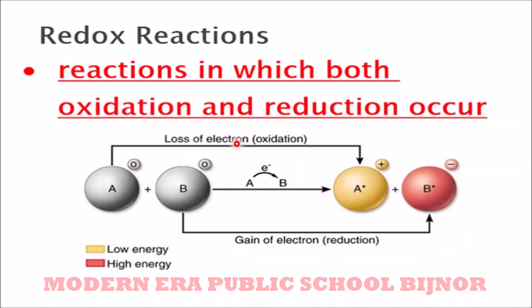Here you see substances A and B. Substance A is losing electrons, so it becomes a cation with positive charge, so this is oxidation, and the substance which is gaining the electrons and becoming negatively charged is said to be reduced. This is reduction.